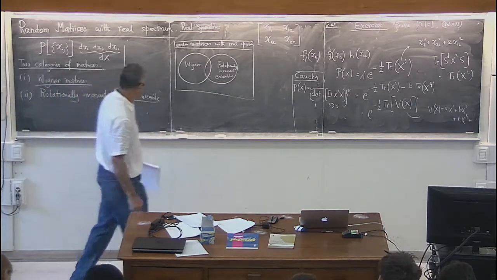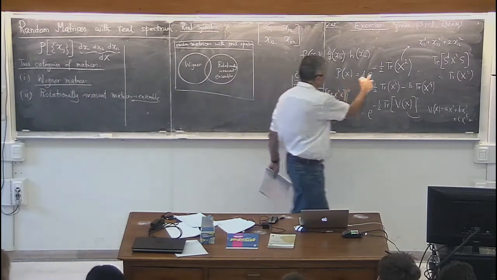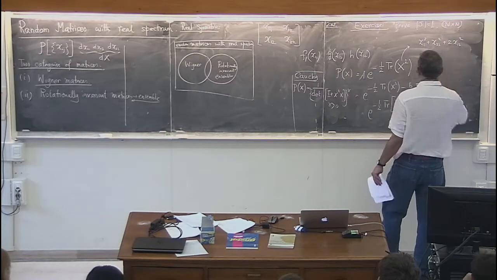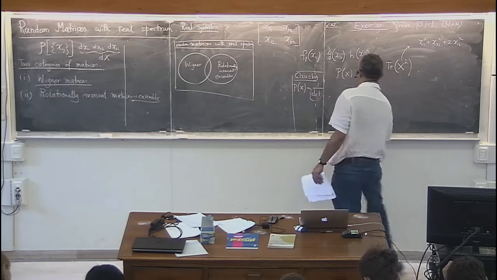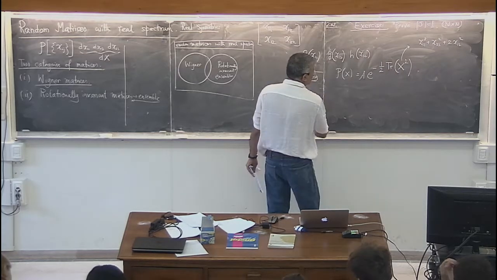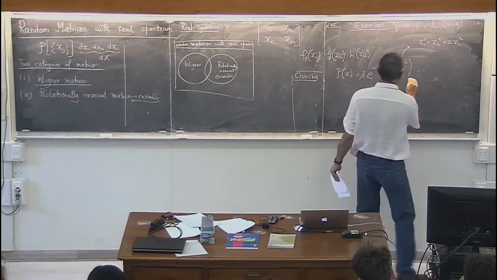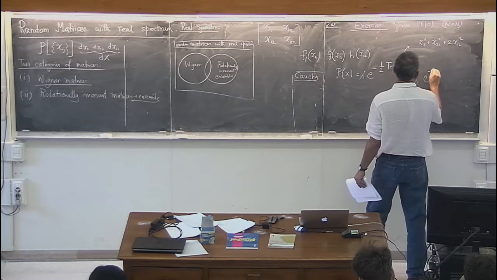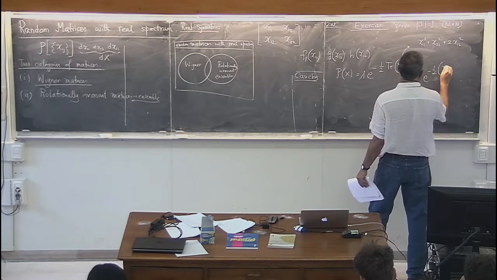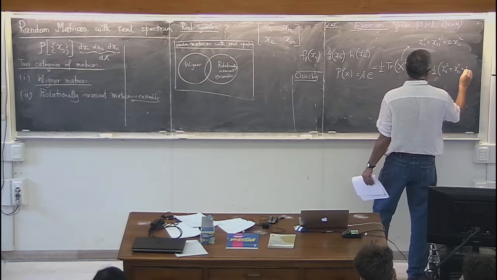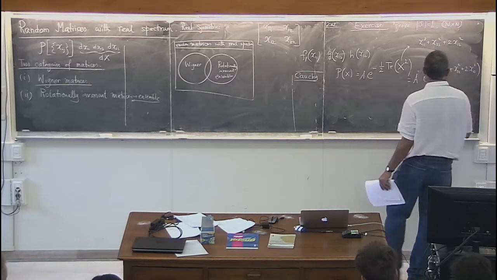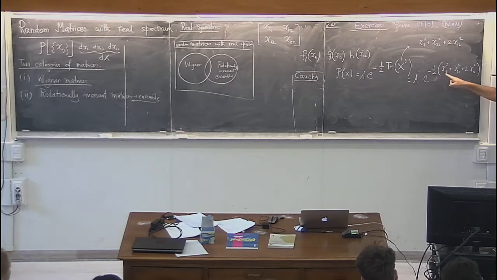And so you see, one example is Gaussian, this particular case. As I said, up to the normalization constant, you can write this as one half of x11 square plus x22 square plus 2 x12 square, right? So you can think of this also as a Wigner matrix, that is, with independent elements.